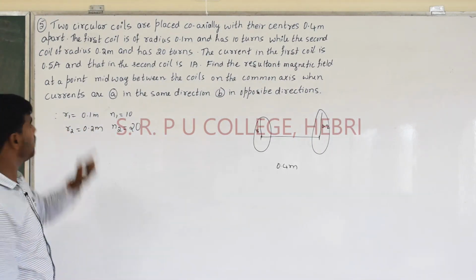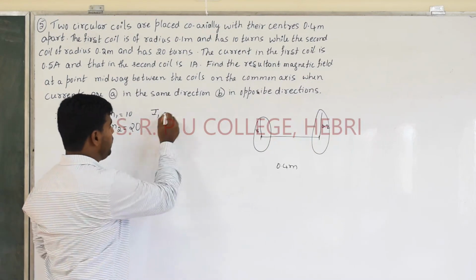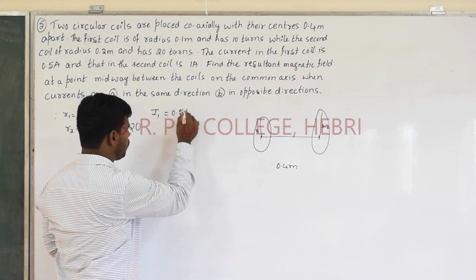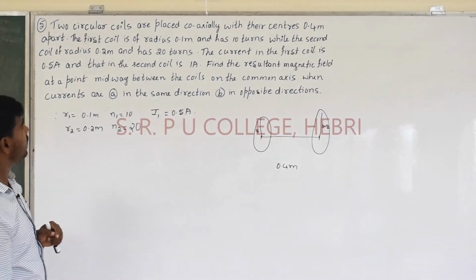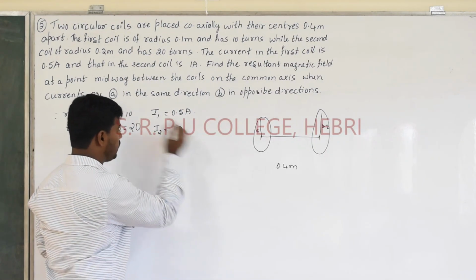The current in the first coil is I1 equal to 0.5 ampere and the current in the second coil is I2 equal to 1 ampere.